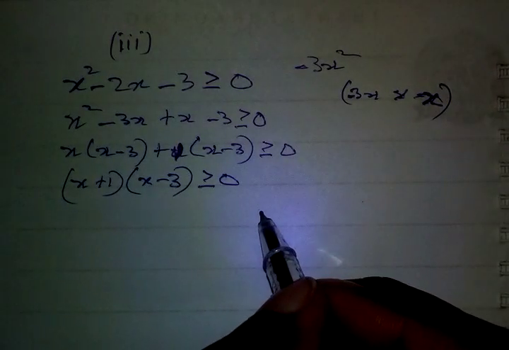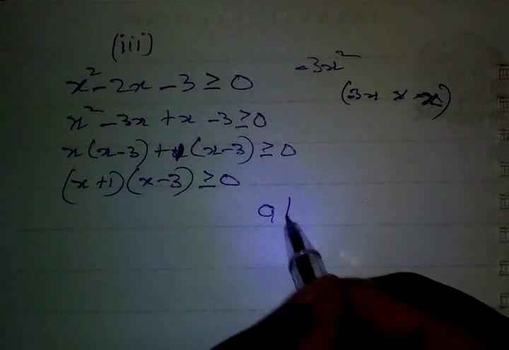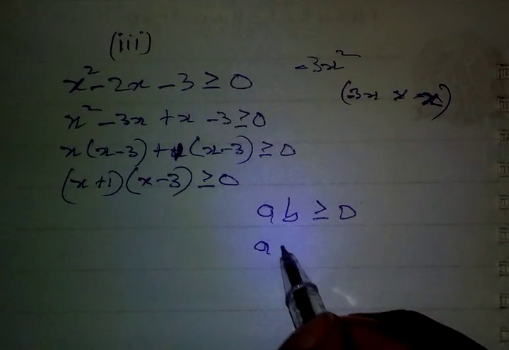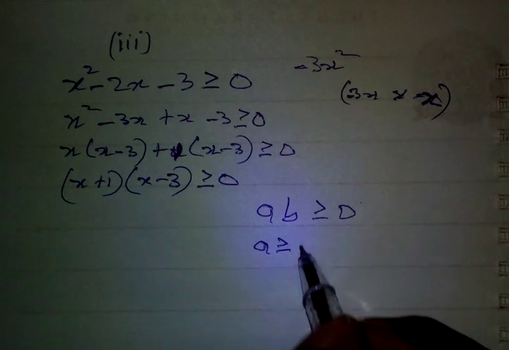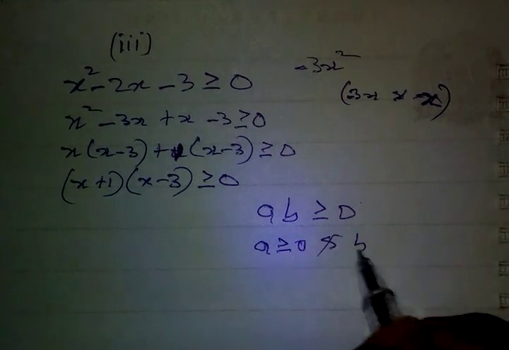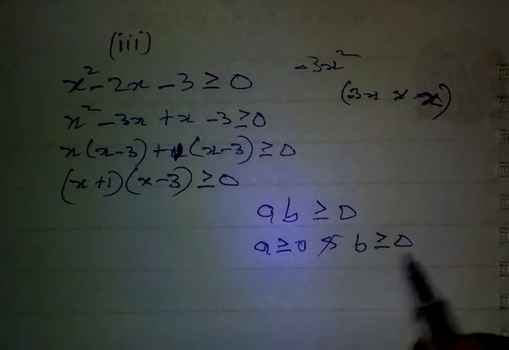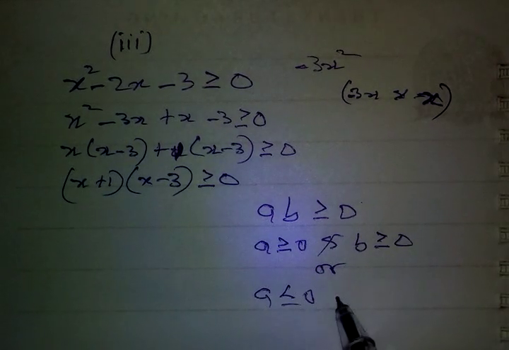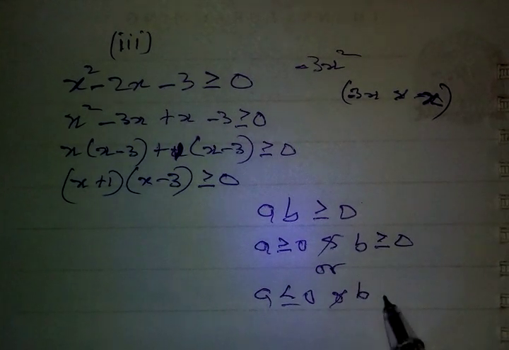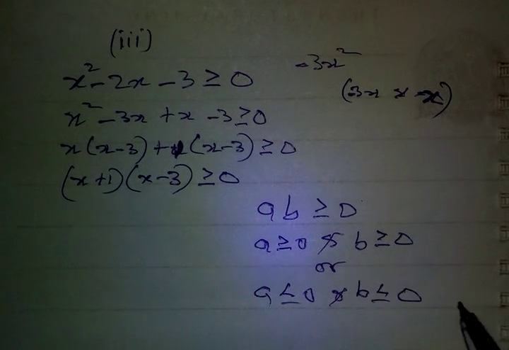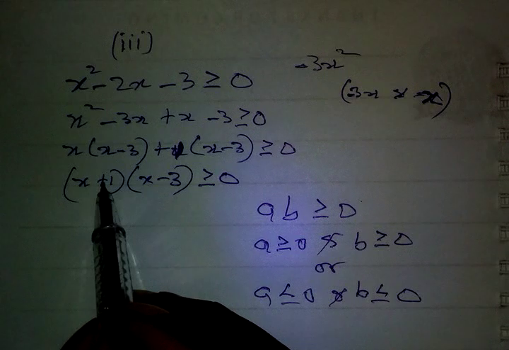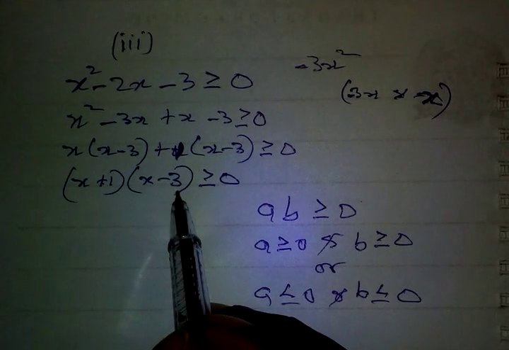And then applying our rule again, remember if a times b is greater or equal to 0, it means that a is greater or equal to 0 and b is also greater or equal to 0, or a is less or equal to 0 and b is less or equal to 0.